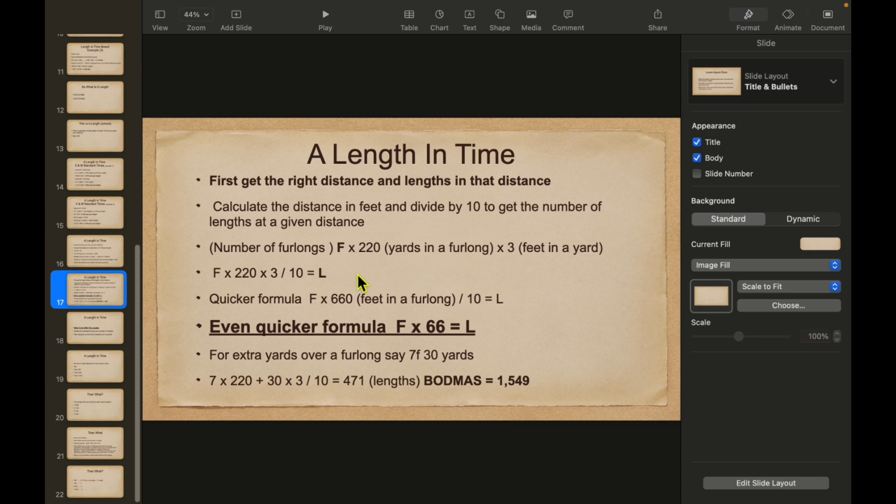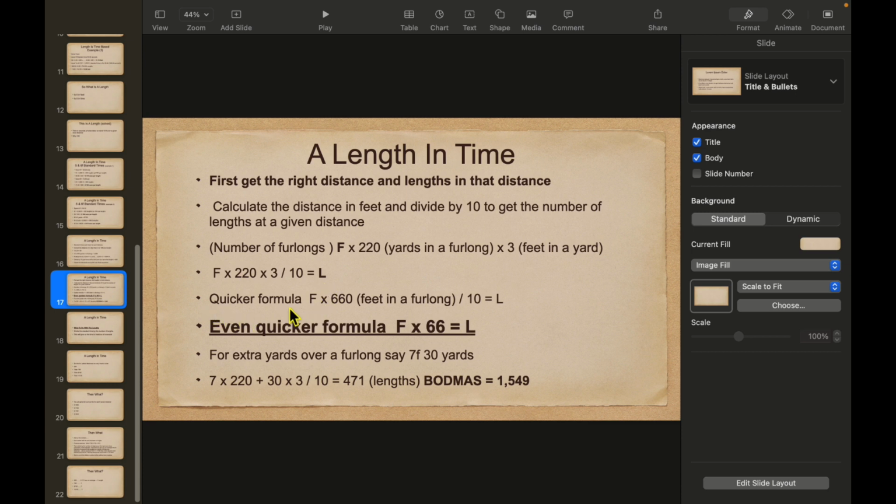I think I might be repeating myself, but I'll go over it again. The number of furlongs, F, multiplied by 220 yards in a furlong, multiplied by 3 feet in a yard. So the basic formula is F multiplied by 220 multiplied by 3 divided by 10 equals lengths.